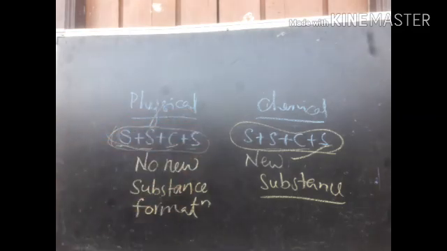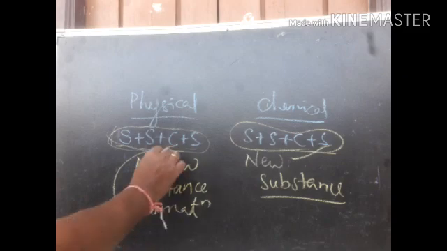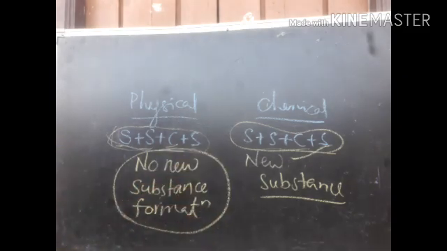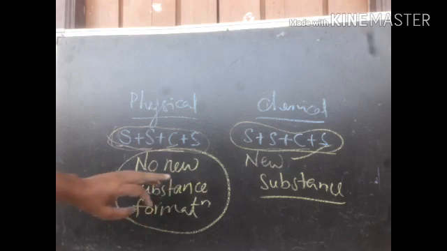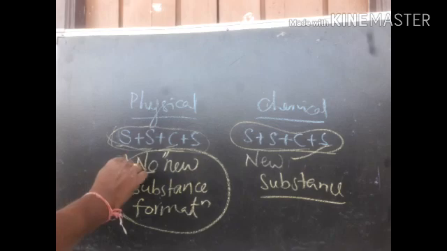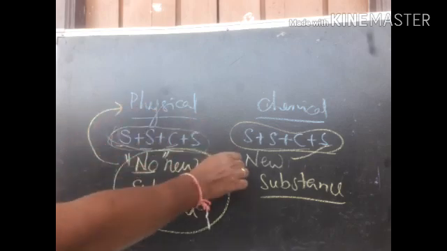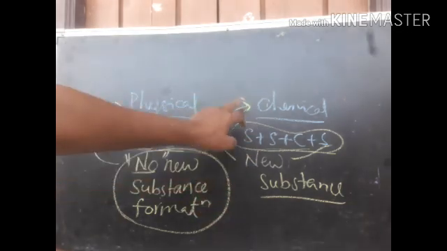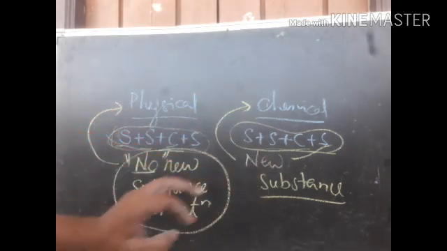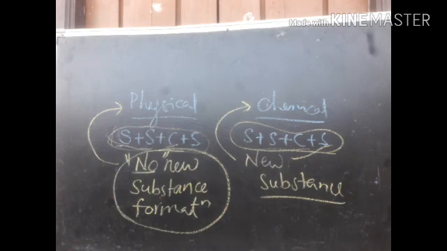But along with that, if it brings a change to form a new substance, then it is chemical. If there is no new substance, then it is physical. In physical change, there is no formation of a new substance, whereas in chemical change, there is formation of a new substance.